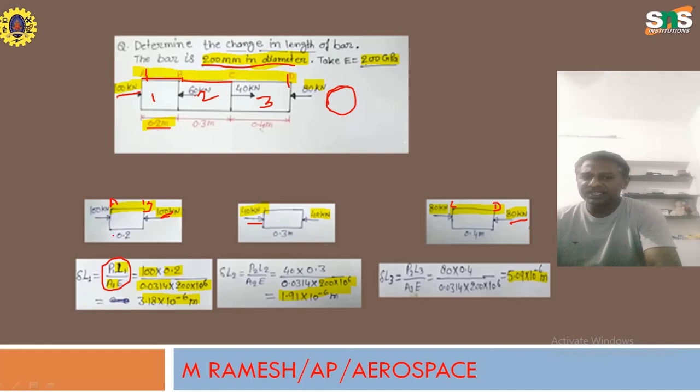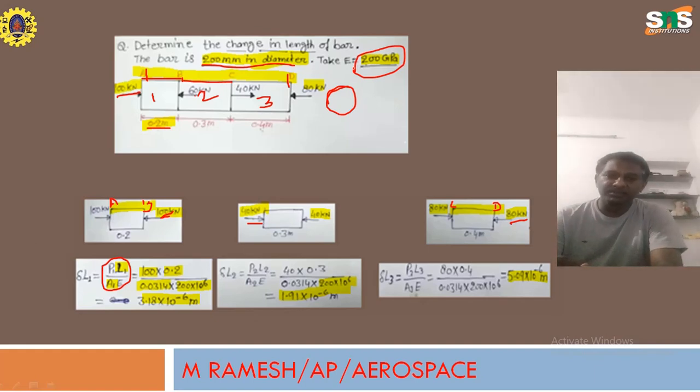Since I am using load as kilonewton, Young's modulus must be substituted in kilonewton per meter square, so 200 gigapascal must be converted into 200 into 10 power 6 kilonewton per meter square, because giga means 10 power 9, and Pascal means Newton per meter square.